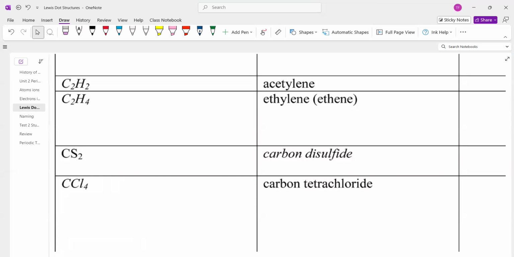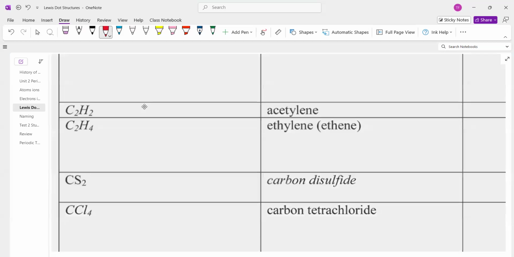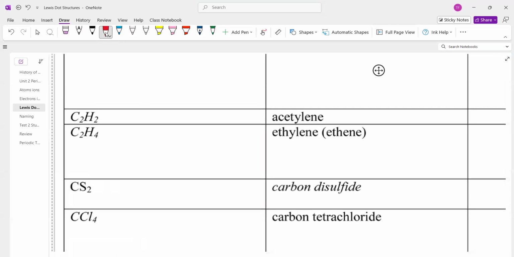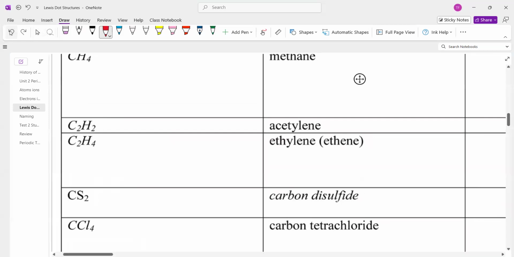Hydrogen has one singleton, carbon has 4 singletons, so the carbon goes in the middle. Let's make them bigger. That's step number one: put the most complicated one in the middle.